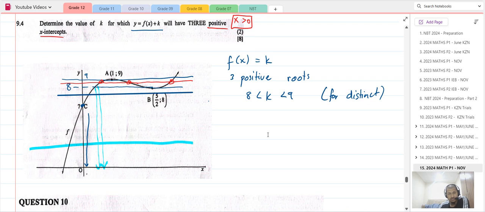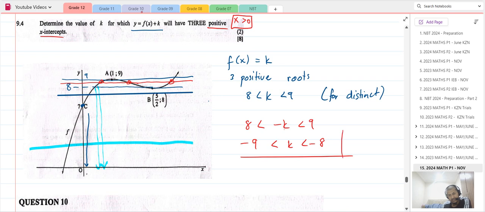So it should be negative here because we brought that over. Yeah, so k should be negative 9 to negative 8.